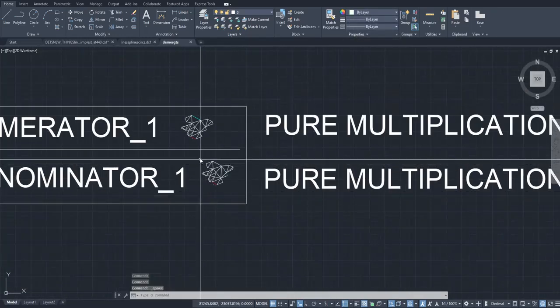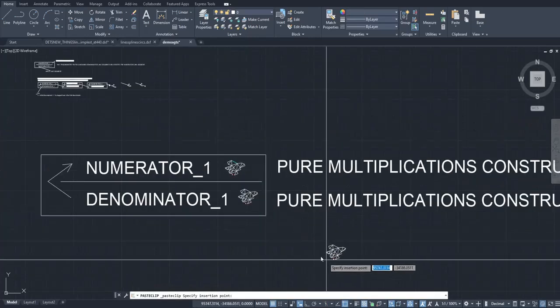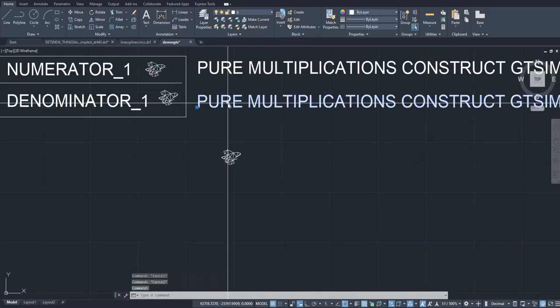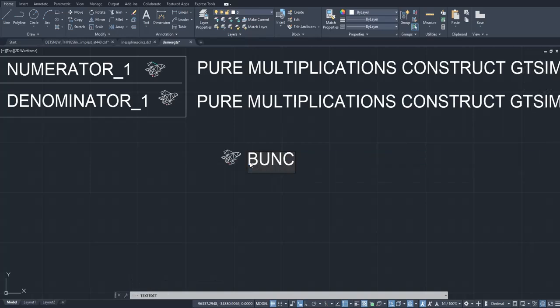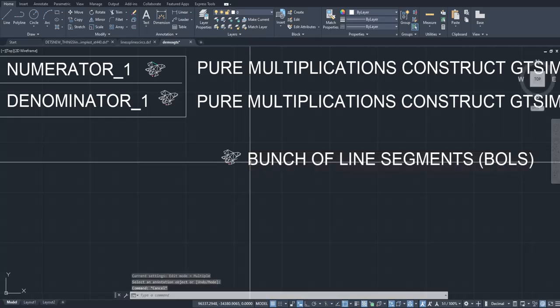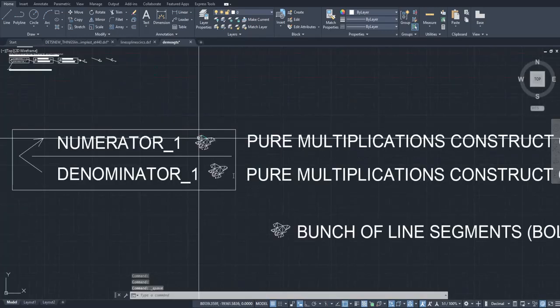Now we have a denominator bunch of line segments. This is a bunch of line segments, a balls object, and this one is also a balls object.